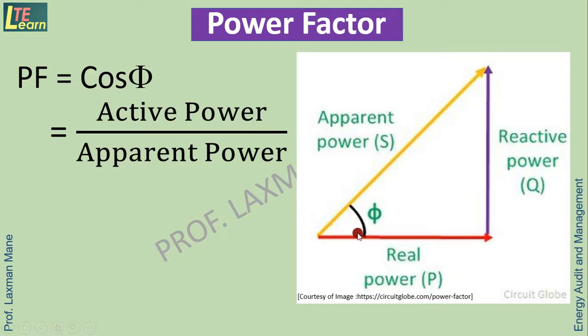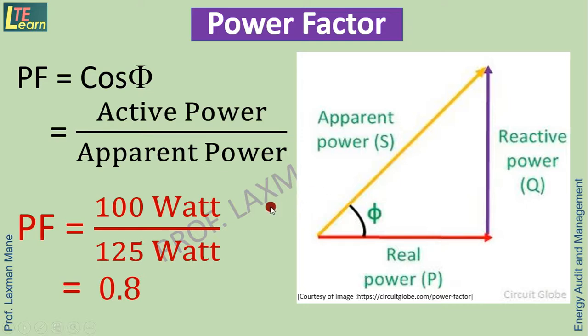So power factor is cos phi, meaning the ratio of active or true power to apparent power. For example, if we have a bulb of 100 watt, and its apparent power is 125 watt, then the power factor of the bulb is 0.8.